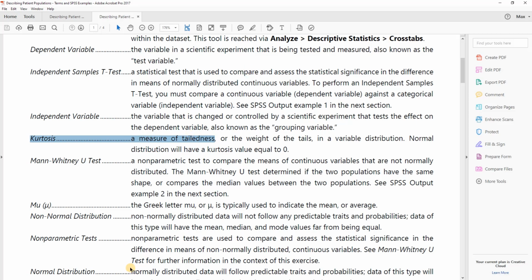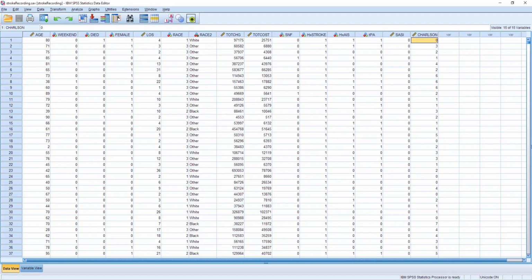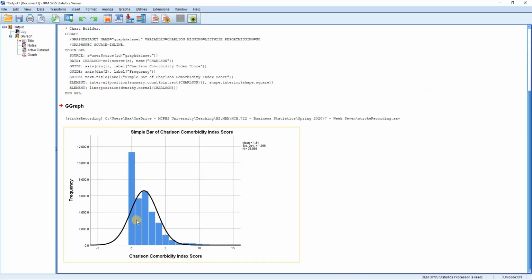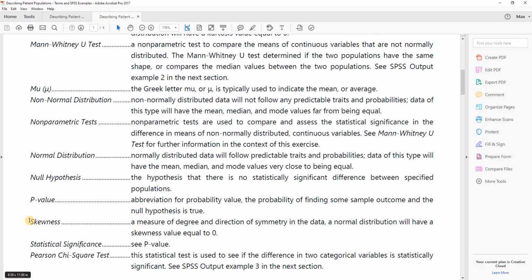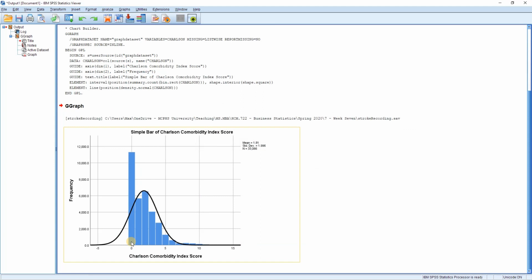Kurtosis is basically a value of how long the tail in the normal distribution is. And then skewness is the measure of degree and direction of symmetry in the data. So if we had a perfectly normal distribution of data, we would have a skewness and a kurtosis of 0.